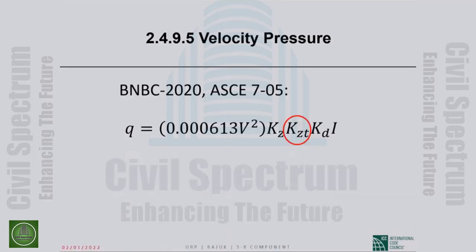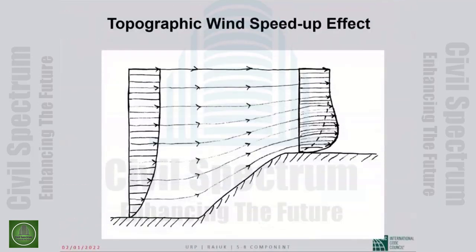The next constant is K sub z t. That deals with what this picture is trying to depict. For a structure sited on flat ground, this would be the distribution of wind pressure along the height.